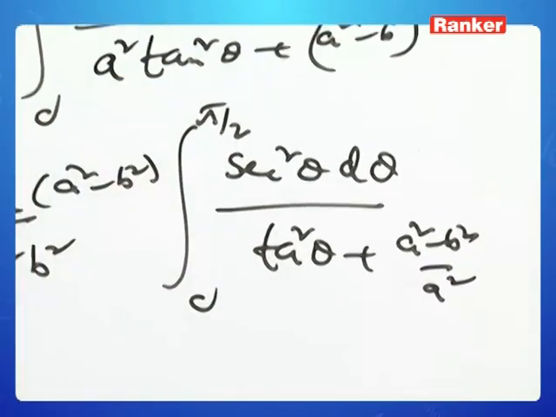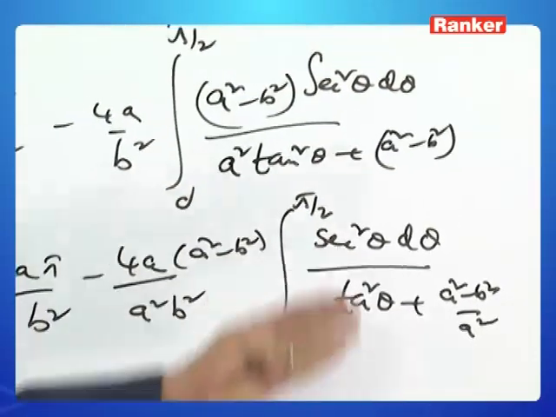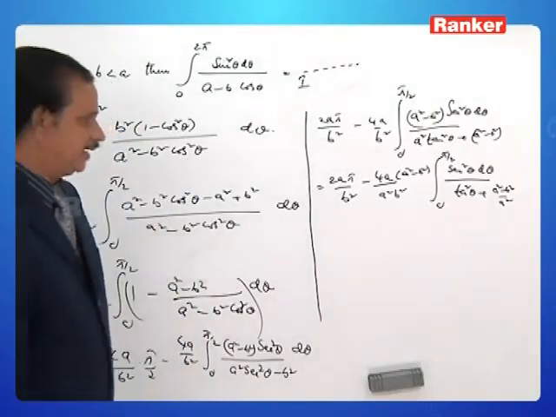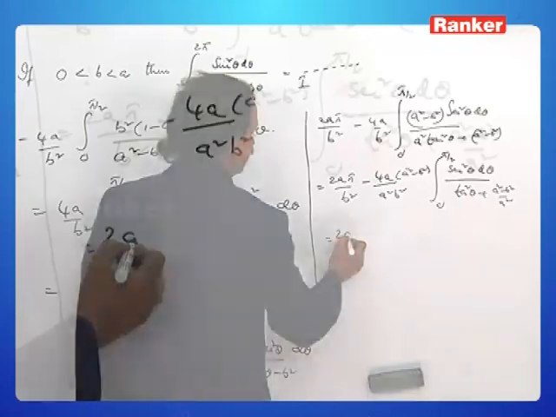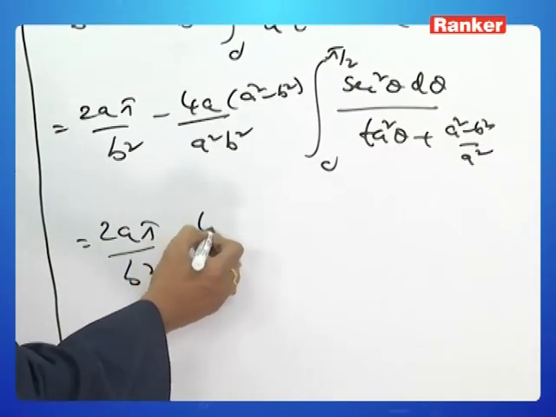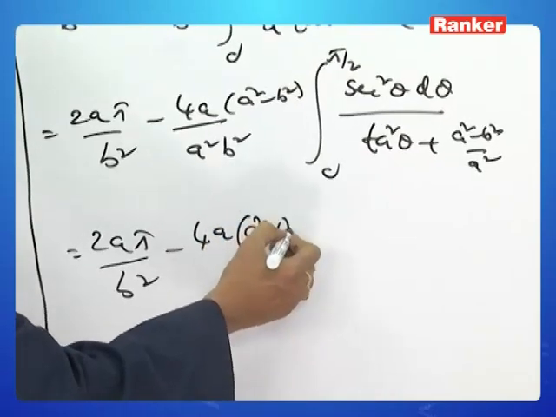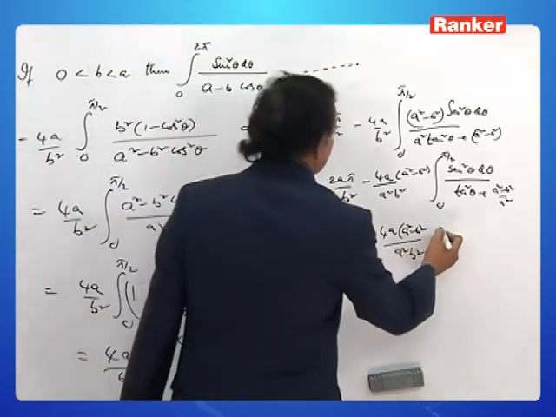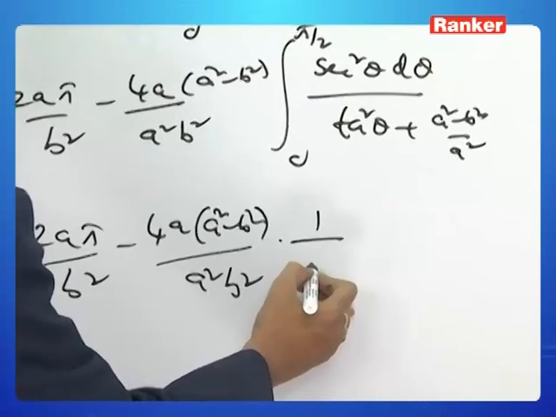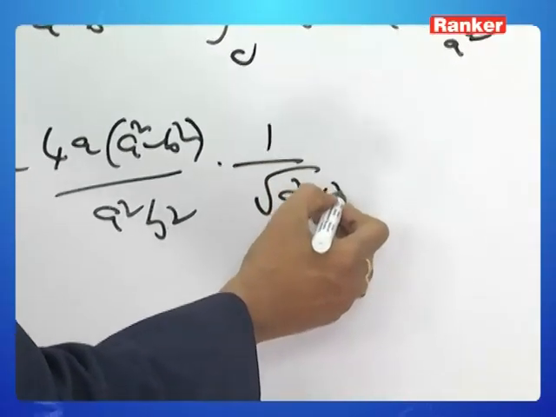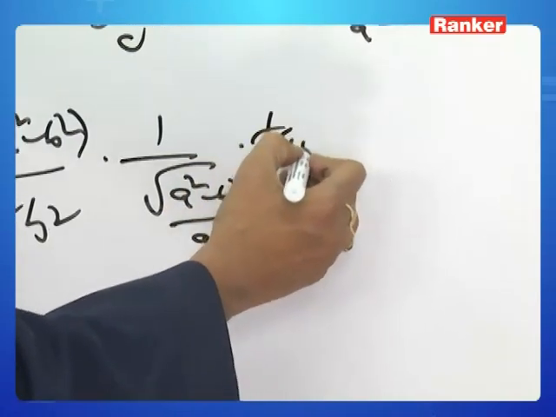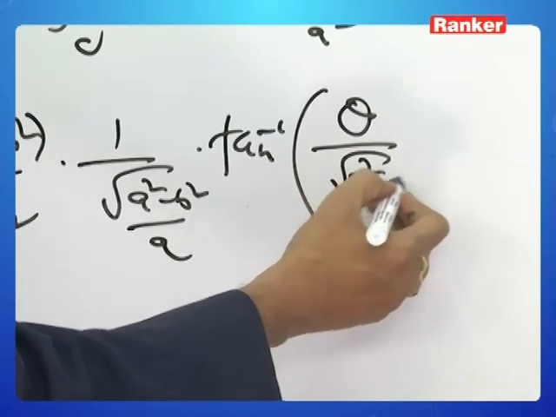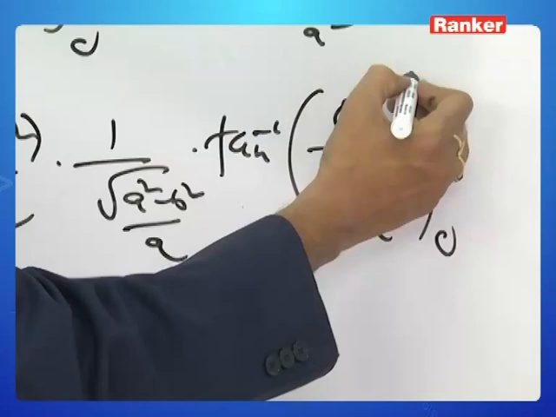If you take tan theta equal to t, this is nothing but dt by t square plus a square minus b square by a square. The answer is 1 by a tan inverse x by a, that is, 2a pi by b square minus 4a into a square minus b square by a square b square into 1 by root of a square minus b square by a, into tan inverse of tan theta by root of a square minus b square by a, between the limits 0 to pi by 2.